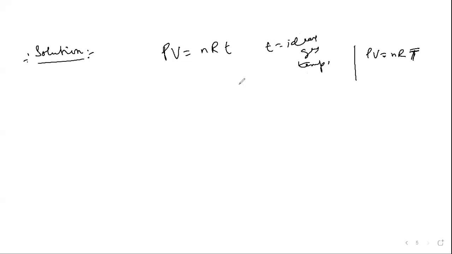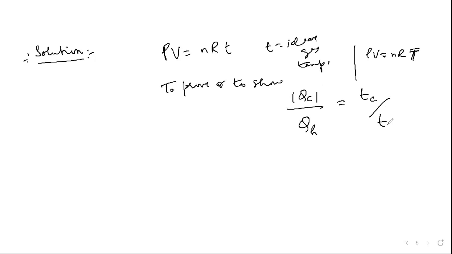Now what we have to show or prove is QC by QH is equal to TC by TH. This is our aim to find or to prove.